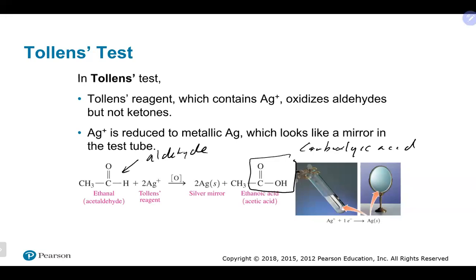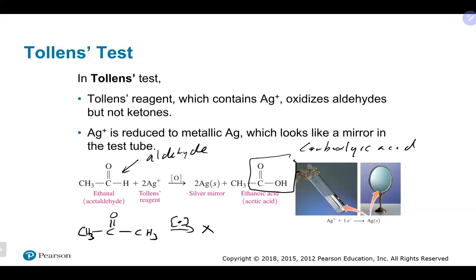We're able to use a test like the Tollens test to help us distinguish between, say, a ketone, which really will not oxidize. So you won't get any reaction that goes beyond that.